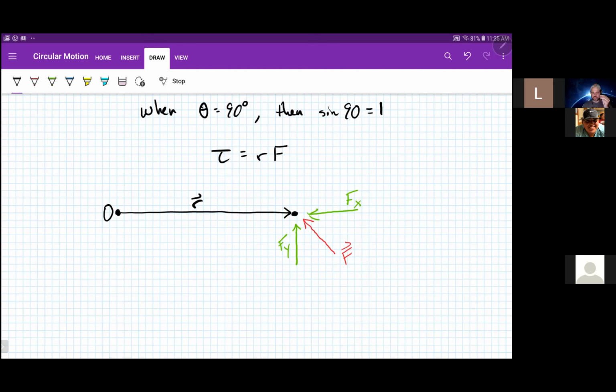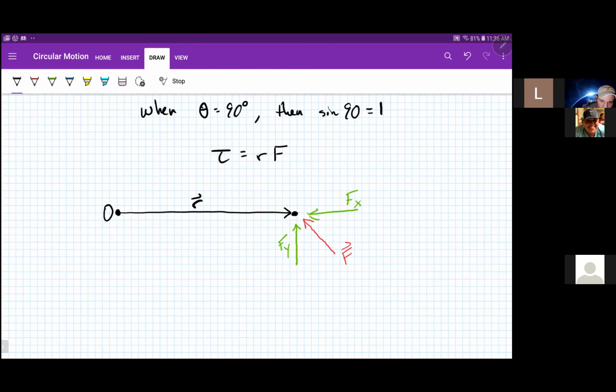So something to remember is that only forces that are perpendicular to my lever arm are going to cause rotation. Forces that are parallel to my lever arm are not going to cause rotation, right? This is not going to cause a rotation, but this one that's acting perpendicular to my lever arm is going to cause rotation.